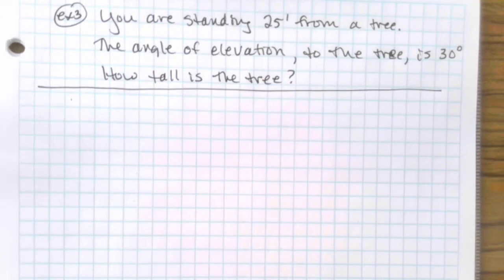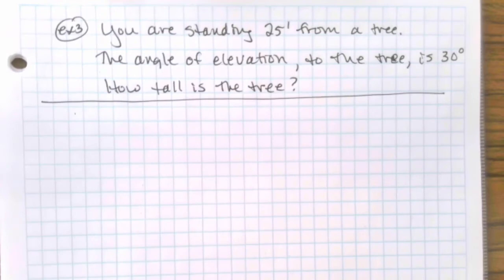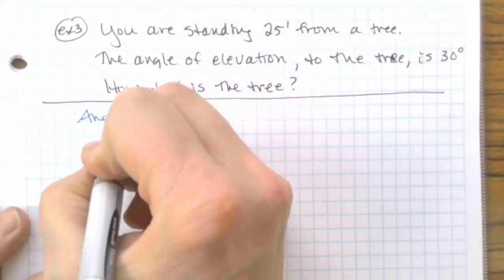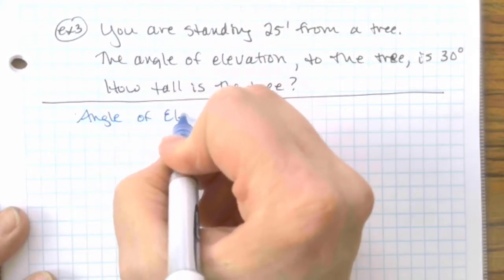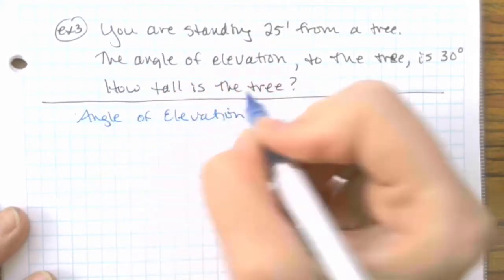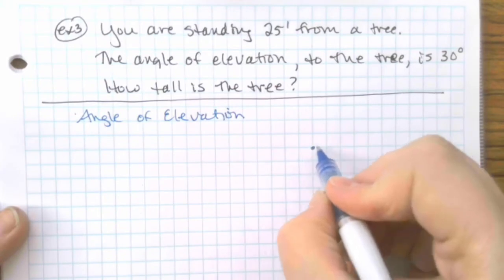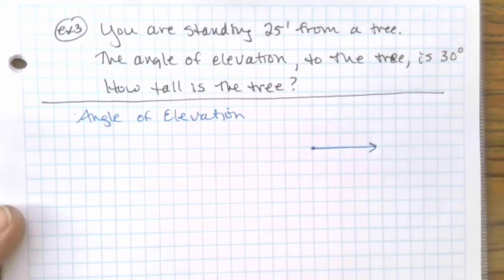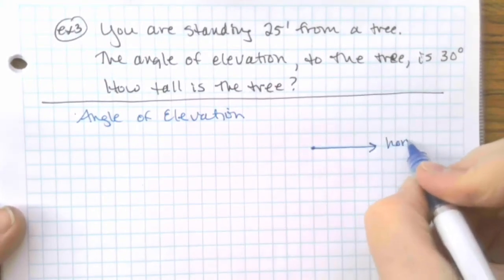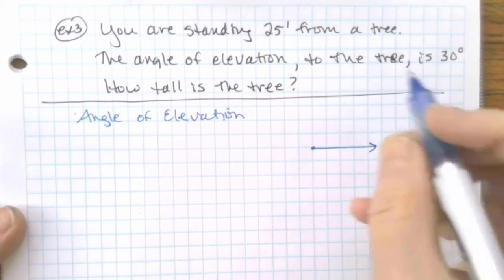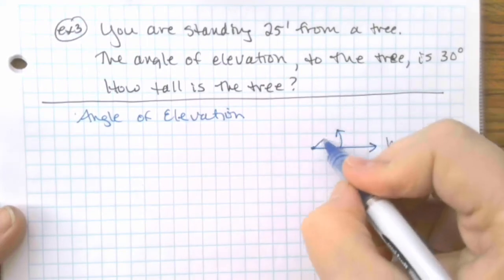All right, so first thing you need to know to be able to do this question is you need to know what an angle of elevation is and an angle of depression. So an angle of elevation is an angle that starts horizontal and it goes up from there.